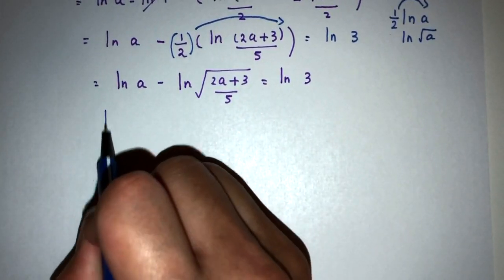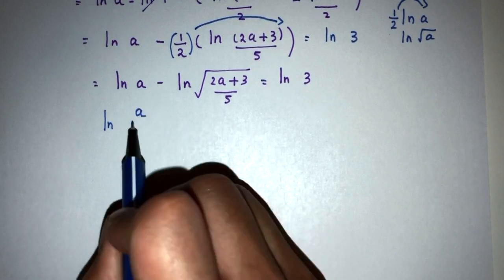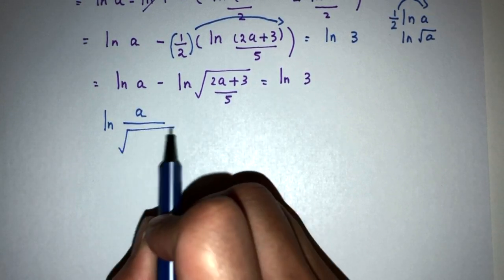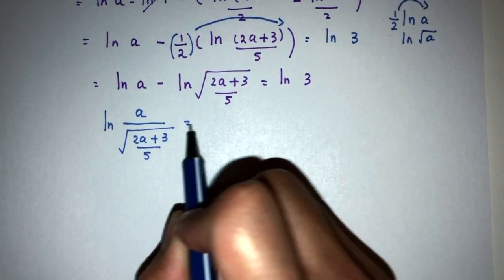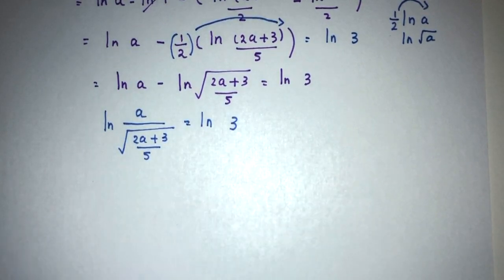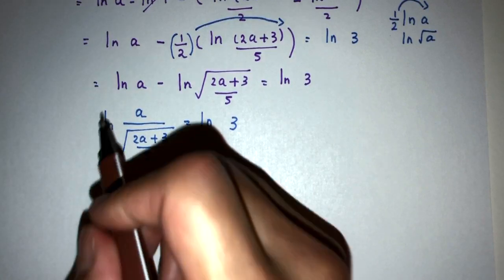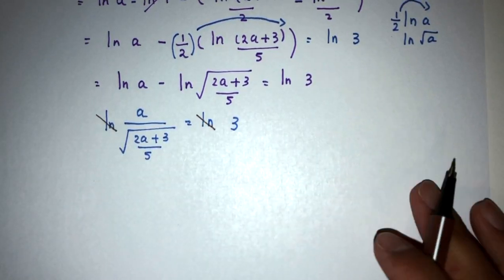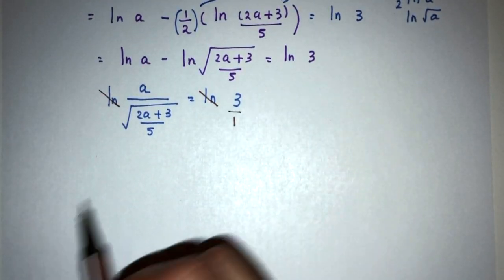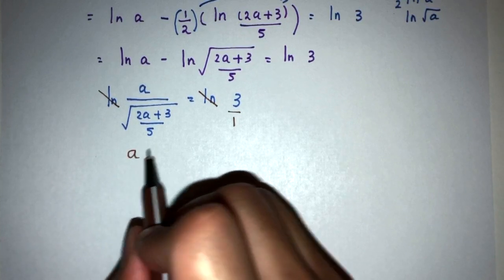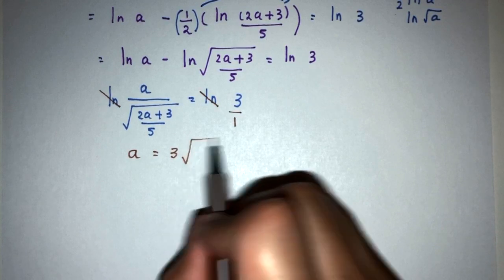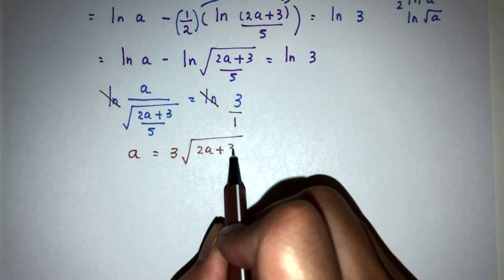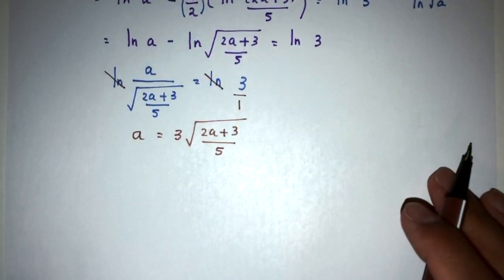You will have ln a minus, become divide, 2a plus 3 over 5 is equal to ln of 3. These two will cancel out, and then we can try to cross multiply. You will have a, that will be 3 root of 2a plus 3 over 5. Now we can divide by 3.